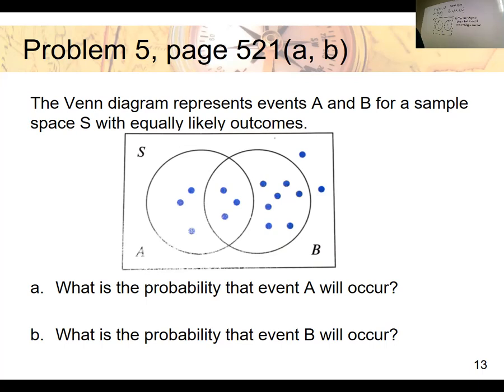I don't know if we talked about what equally likely outcomes are, but what that means is that each element has an equal chance of being selected. Like tossing a fair coin.